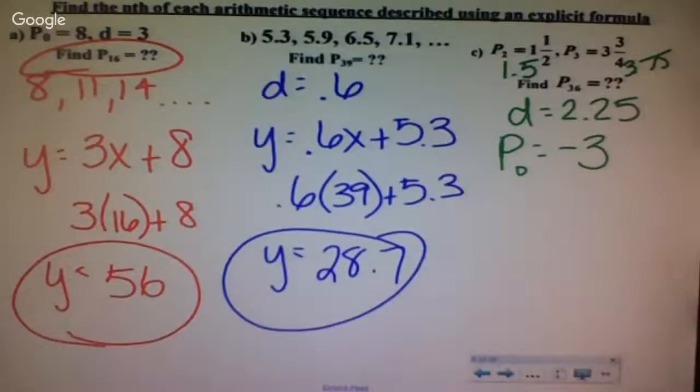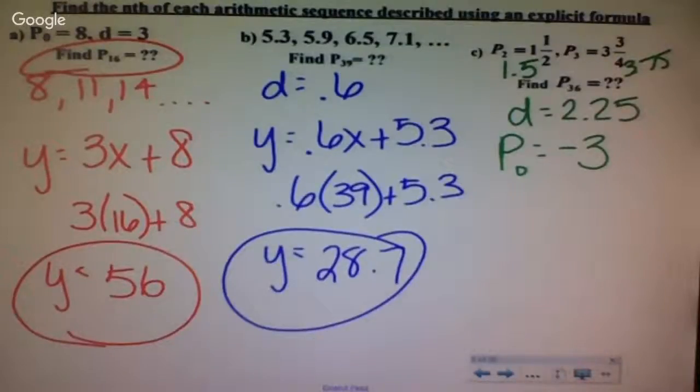Okay. So I need P sub 0. This is P sub 1. I know that P sub 2 is 1.5. I know that P sub 3 is 3.75. So to go this way, we add 2.25.